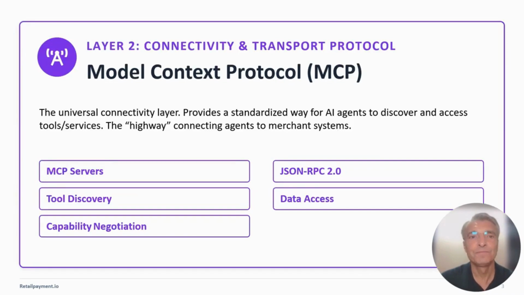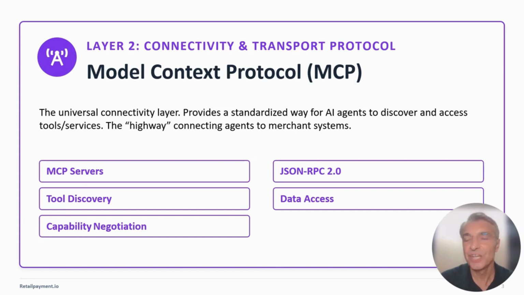Layer 2 is the connectivity layer, the Model Context Protocol, or MCP. You certainly, or most probably, have heard about this one. It's important to note that Anthropic published MCP as an open standard in November 2024, and it was handed over to the Linux Foundation.